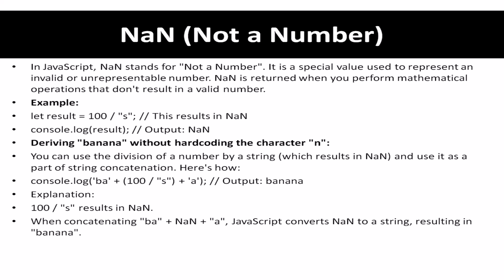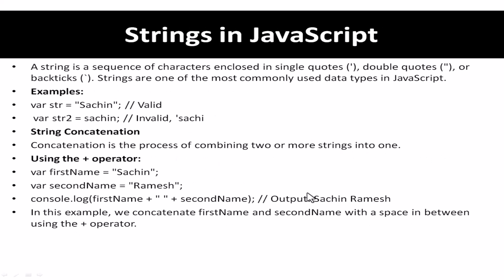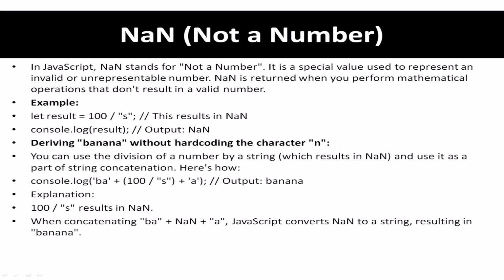Now, for example, if you define a banana, here I am going to do console.log with the string b, and then append NaN, so it becomes ba NaN, followed by a.